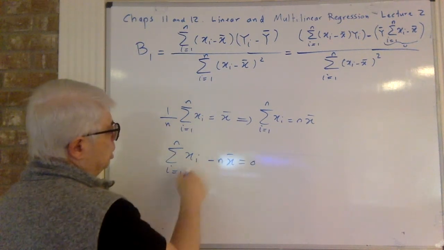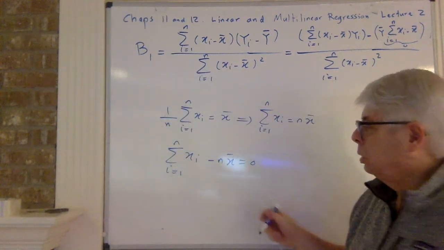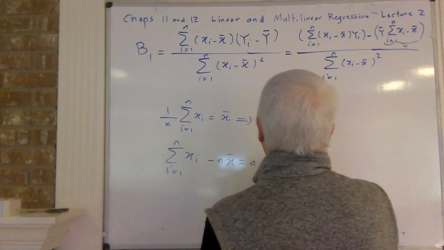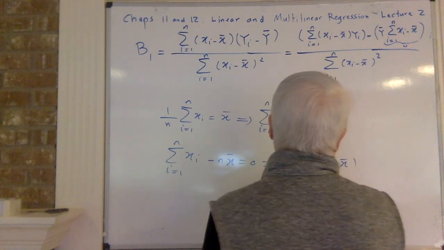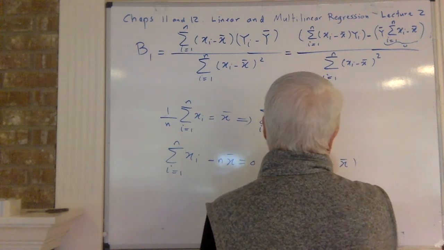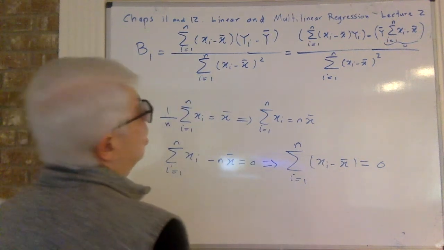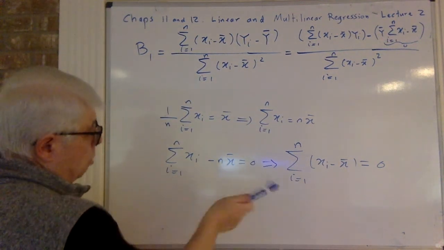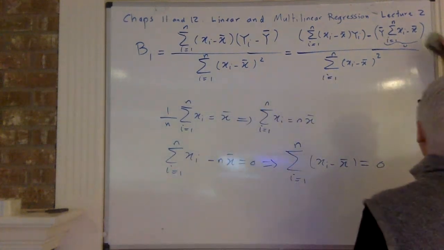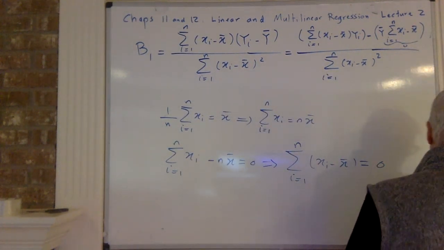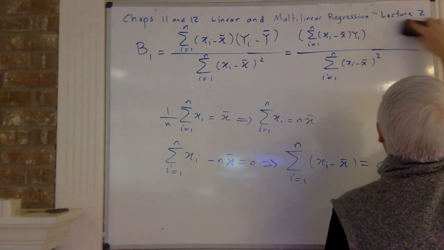I can bring this inside, so it's like x bar minus x bar minus x bar n times. So I can write it inside this. So that sum is 0, therefore we can get rid of that part of this guy here. And I can just remove it.